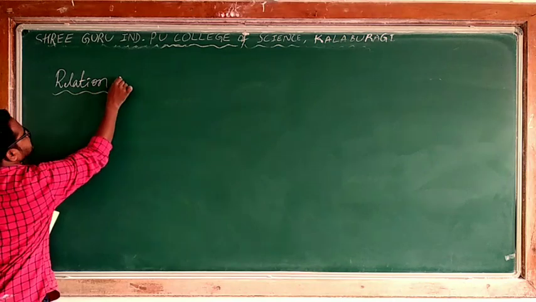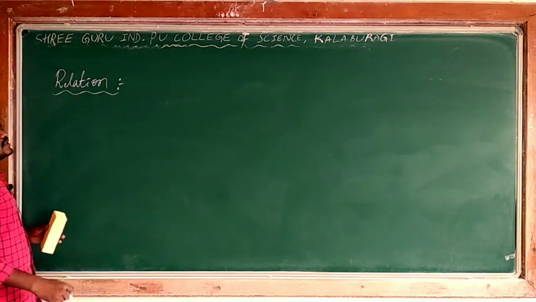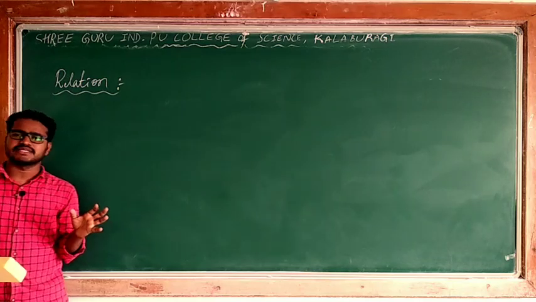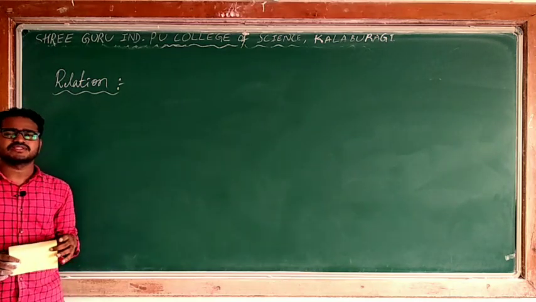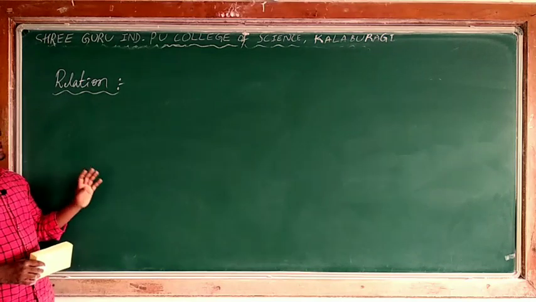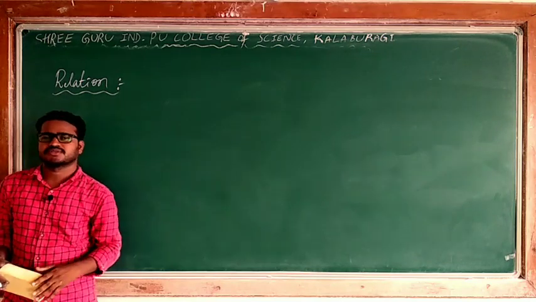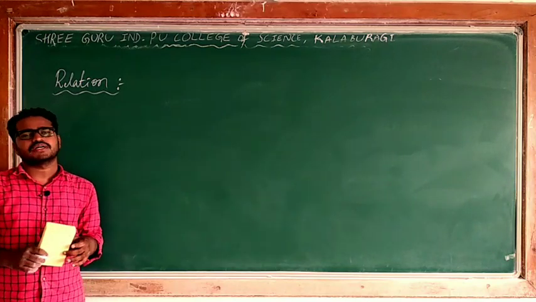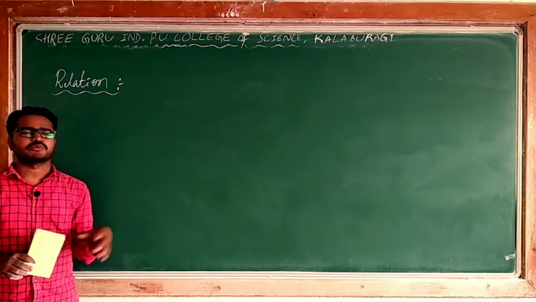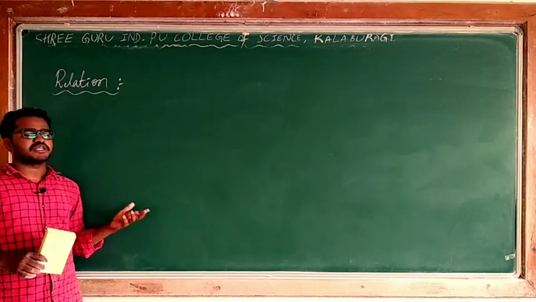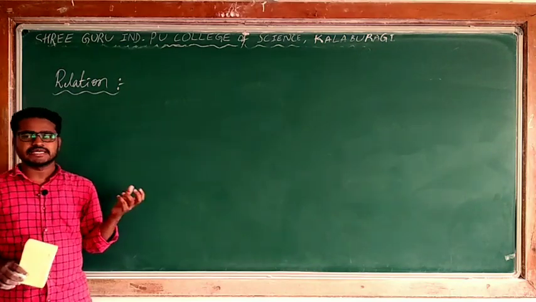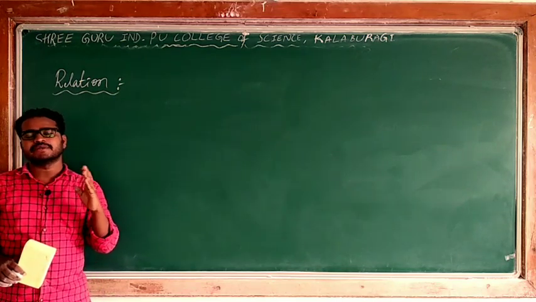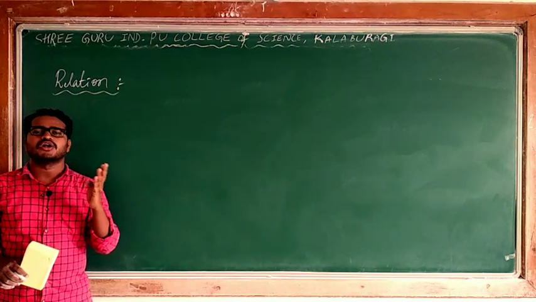What is a relation now? Relation means I can say in a very simple way according to mathematics, it is one of the subsets of a Cartesian product, in one word. Why are we taking this name itself as relation? Because in the case of relation, we will take some mathematical relations between ordered pairs.